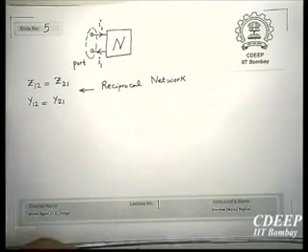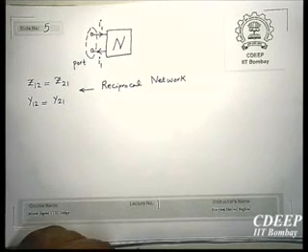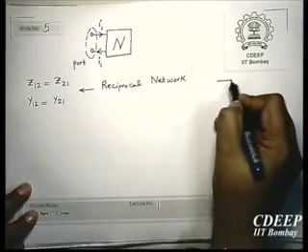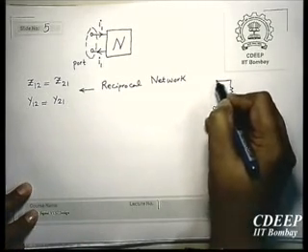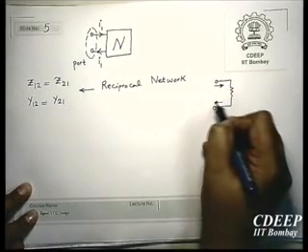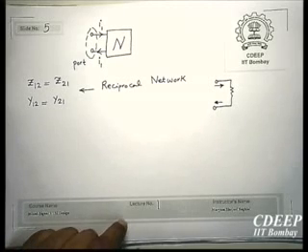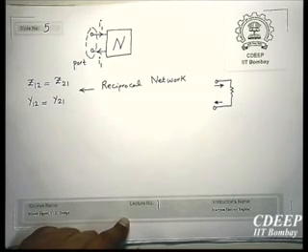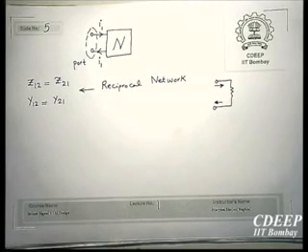If you have a single passive linear element, we are talking about linear circuits right now, it is reciprocal in nature. If you have a resistor and look at this resistor as a port, it is reciprocal. Similarly, a capacitor or inductor is reciprocal. And any network made of these reciprocal elements is again reciprocal.